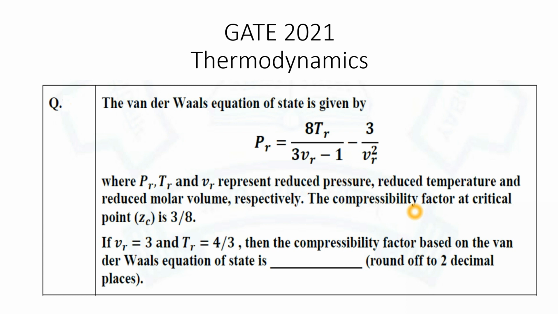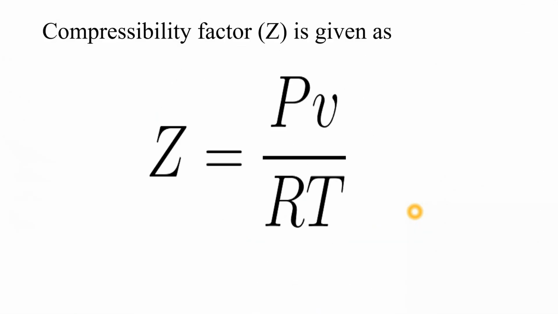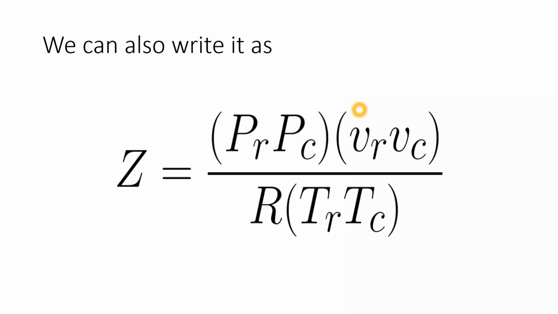So let's start with the solution. We know the compressibility factor in generalized form is Z is equal to PV by RT. Here V is the molar volume. We can also write P as PR into PC, since P upon PC is equal to PR.